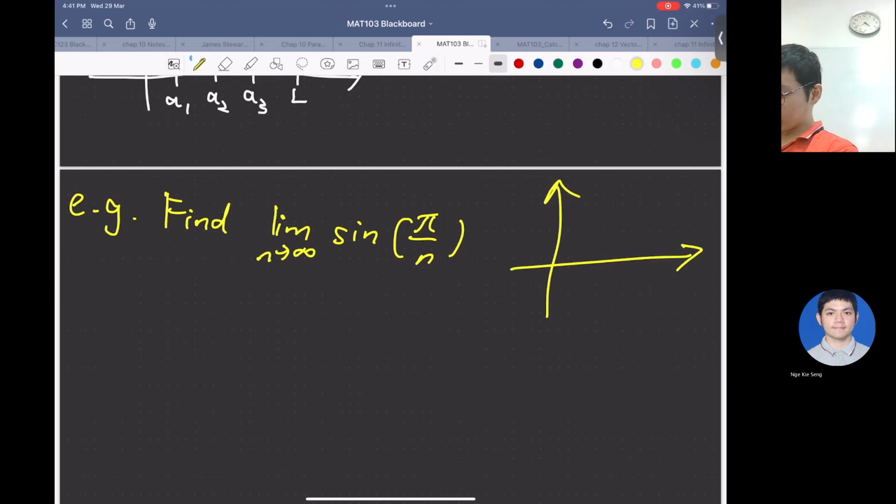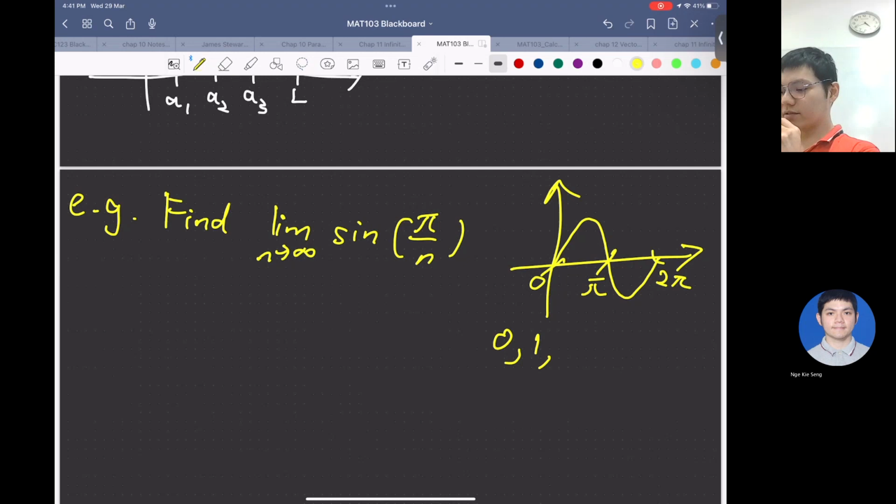When we talk about sine, you should have the sine graph in your mind, with pi, 2 pi, and 0. So sine pi is 0, sine pi over 2 is 1, and sine pi over 3 is the opposite over hypotenuse for 60 degrees, and so on. Trying to find the limit of this directly seems a bit hard.